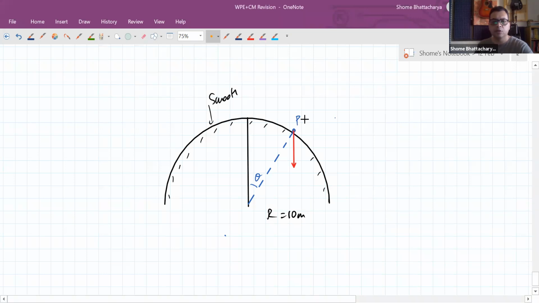So when we are looking at it in the ground frame, there are these two forces acting on it.